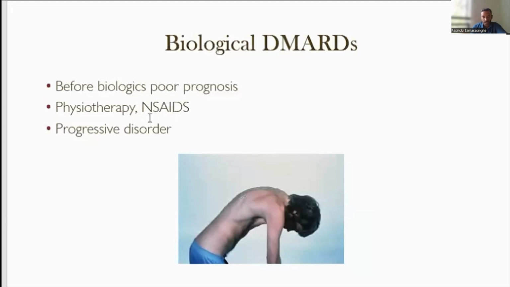It was quite a tragic disorder because the spine is very important and hips are mainly involved in spondyloarthritis. So mobility is significantly impaired in these patients and sexual life is quite deteriorated because the hips are involved. So it's a very pathetic condition before the biologics were introduced.